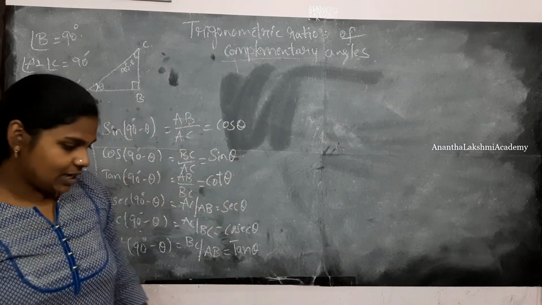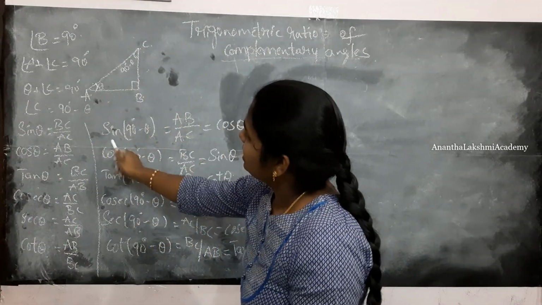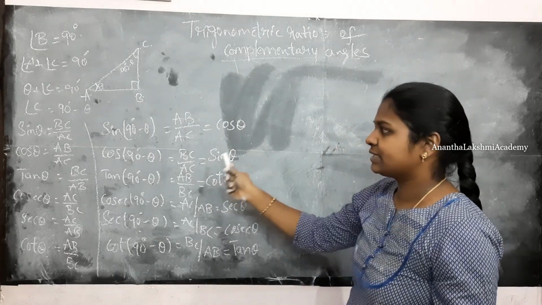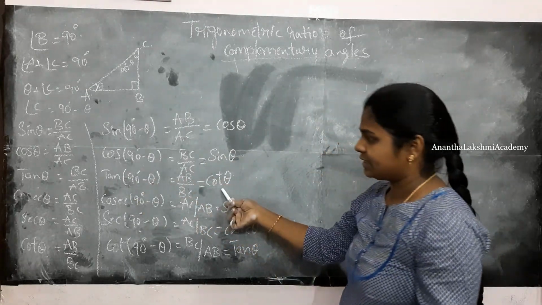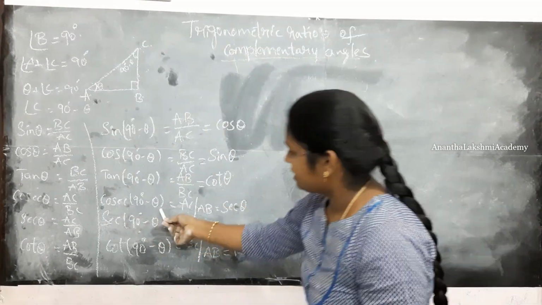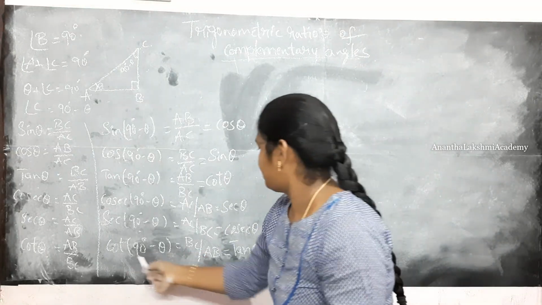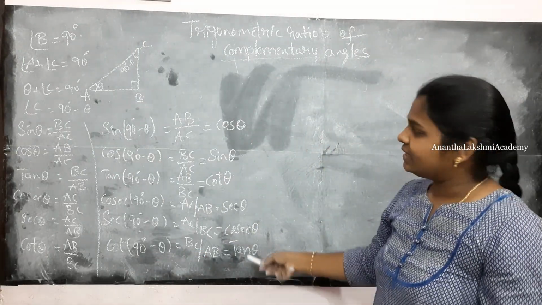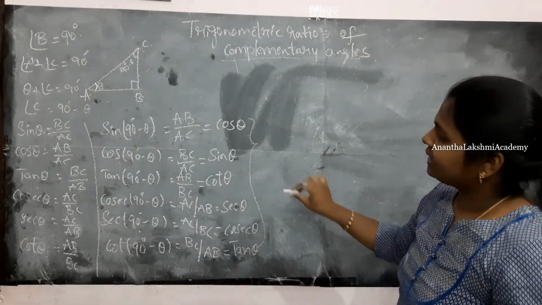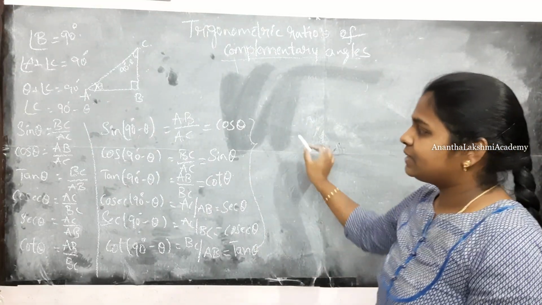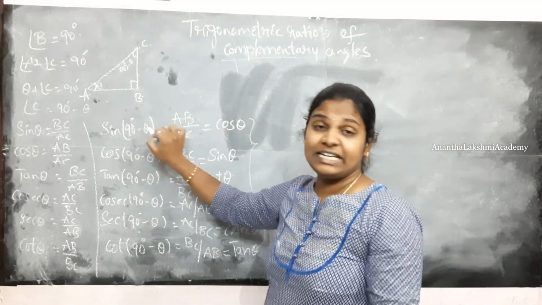So when we look at the complementary angles like this, other than the right angle, sine of 90 minus theta is equal to cos theta, cos of 90 minus theta is equal to sine theta, tan of 90 minus theta is equal to cot theta, cosecant of 90 minus theta is secant theta, secant of 90 minus theta is cosecant theta, and cot of 90 minus theta is tan theta. These are like formulas. We have to remember the complementary angle ratios. Whenever we say complementary angles, it is just 90 minus theta.